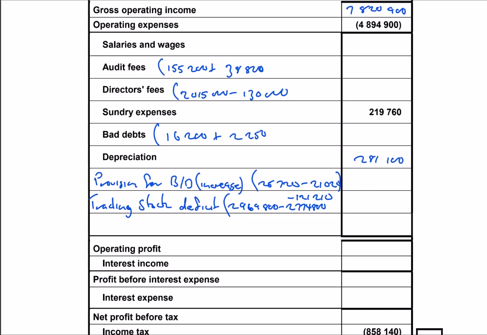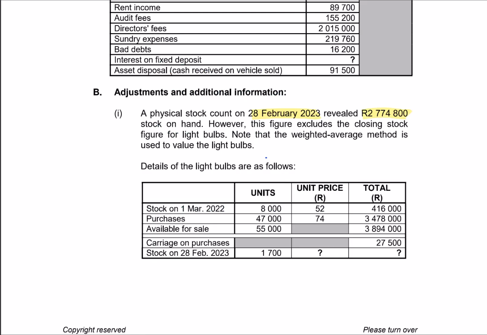Right, let's calculate the values. That's 2,969,800 minus 2,774,800 minus 121,210.